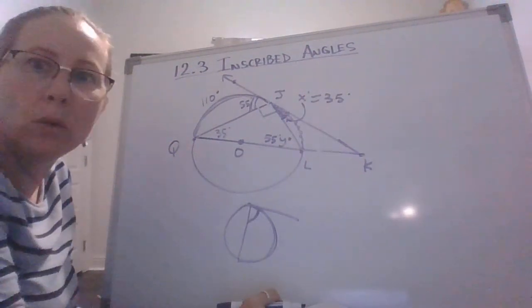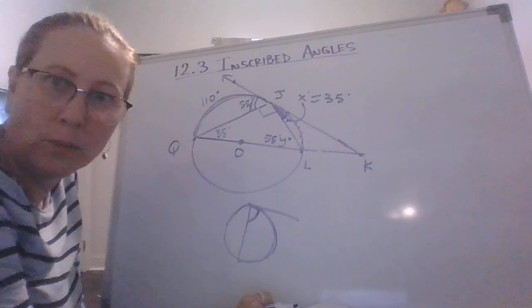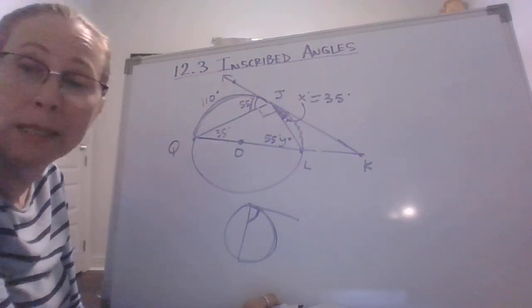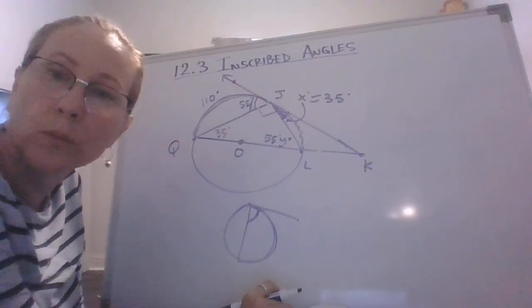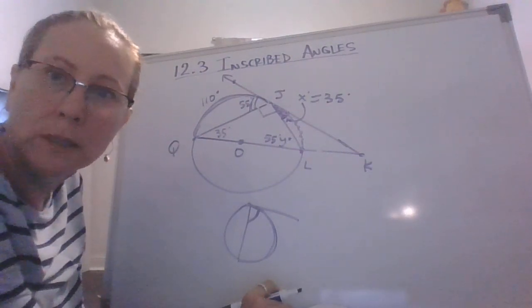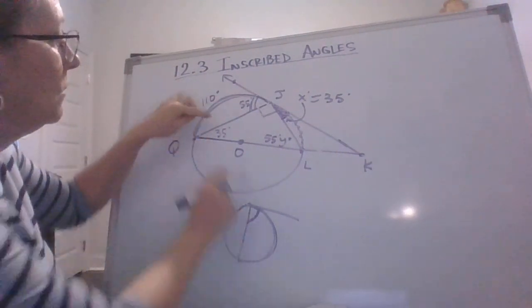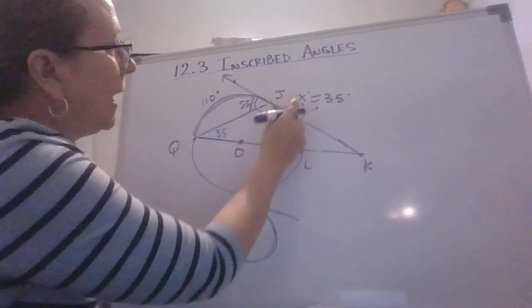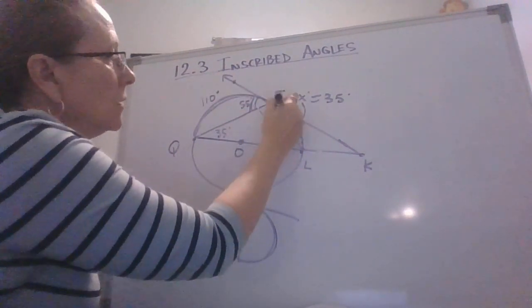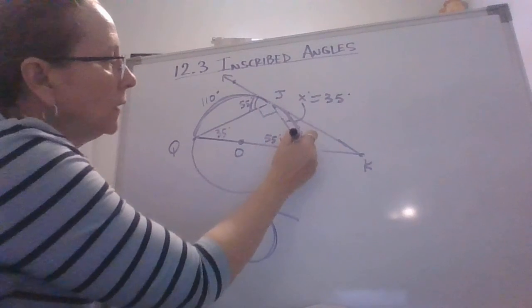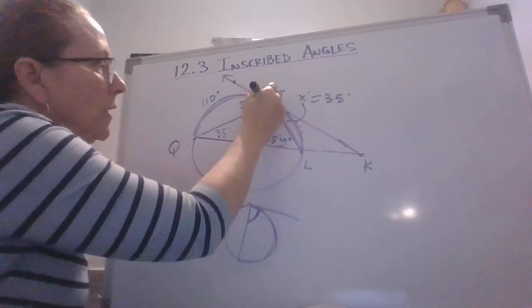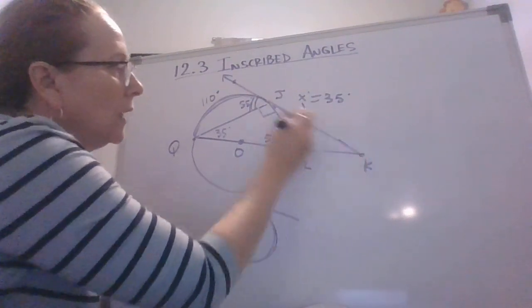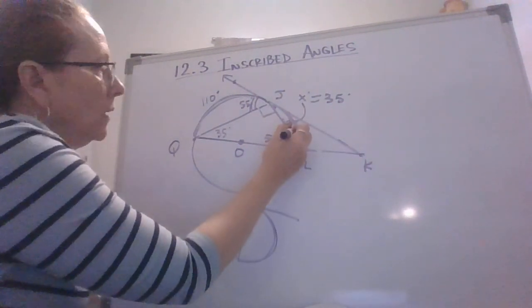Okay, so that kind of goes back to the little hint that I read at the beginning. It might have kind of gone over your head because it's really hard to just have somebody read it to you instead of reading it yourself. But what it was saying is this angle has this arc right here. And this angle formed by this chord and this tangent, that has the same arc.